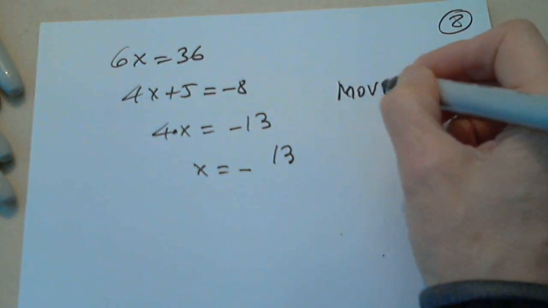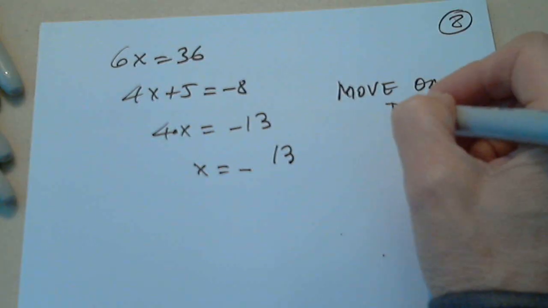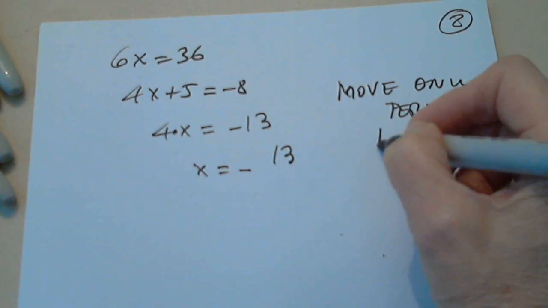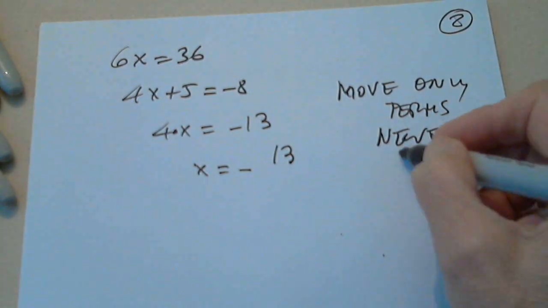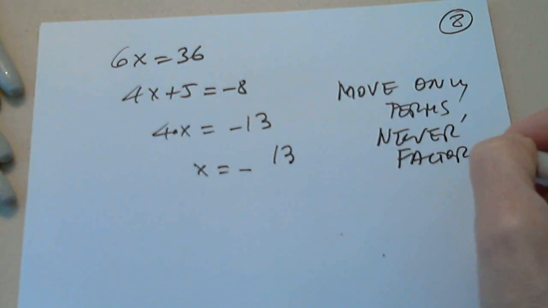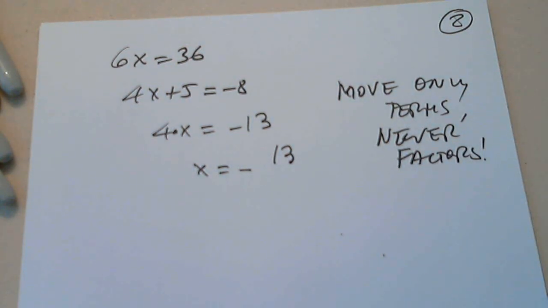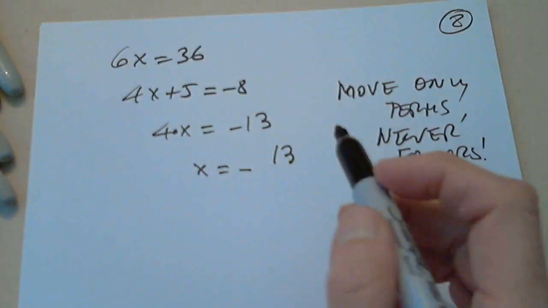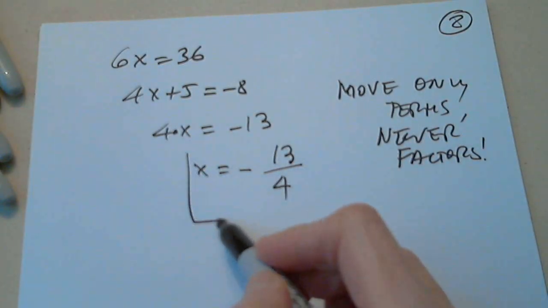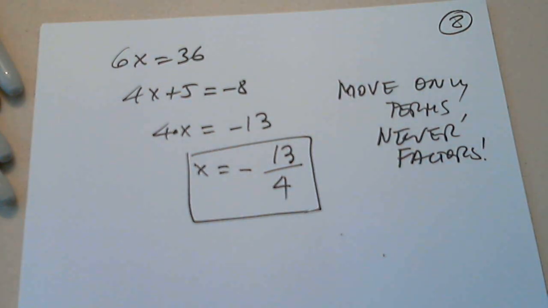We move only terms, never factors. With factors, we multiply or divide. So we have to divide both sides by 4, and this is the answer. Good. Remember, we only move terms. They are the weak link.